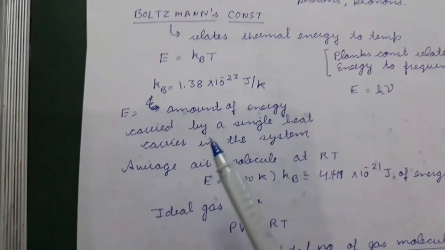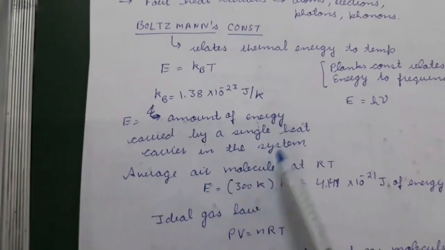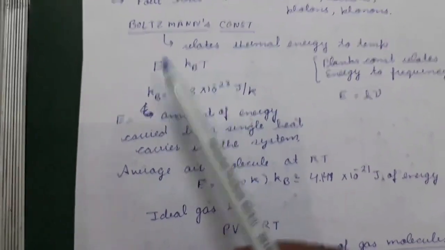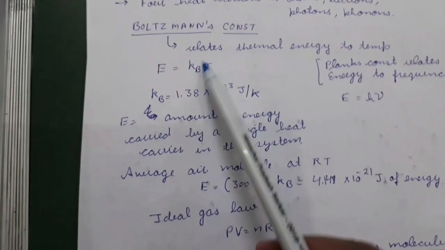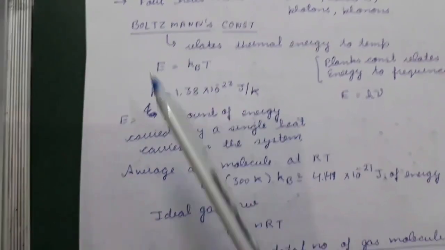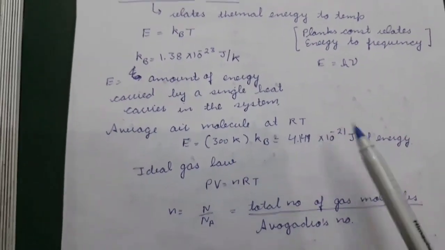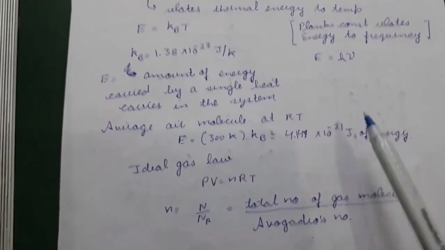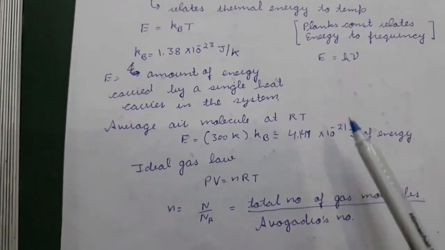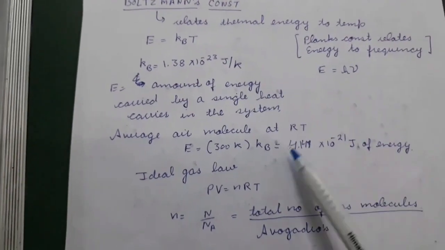So the amount of energy carried by a single heat carrier in a system is given by E, which will always be quantized because Kb is a constant number depending upon the material. So at 300 degrees Kelvin, this much amount of energy will be carried by a single heat carrier in a system. So let us see what we mean by single heat carrier.